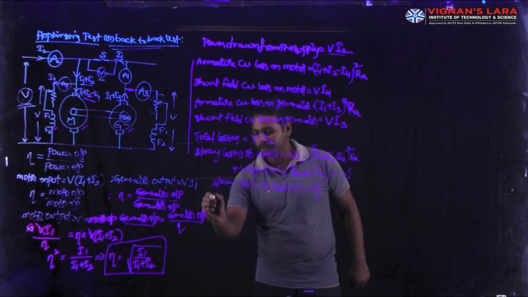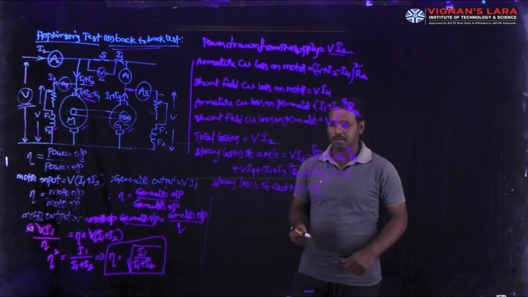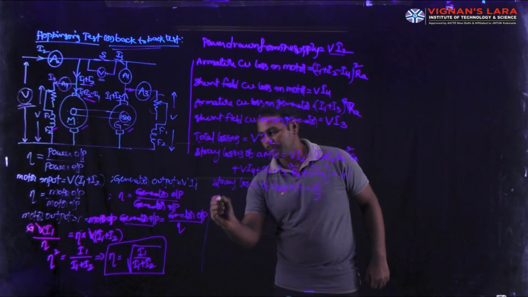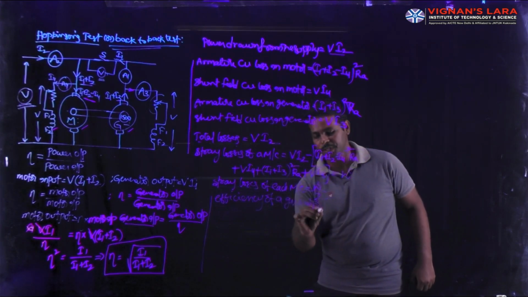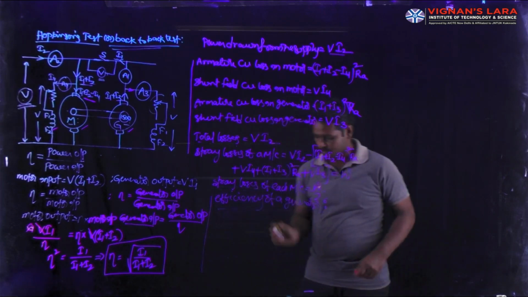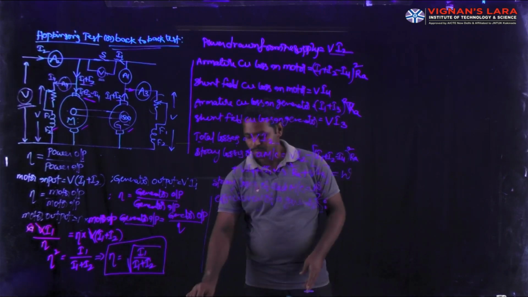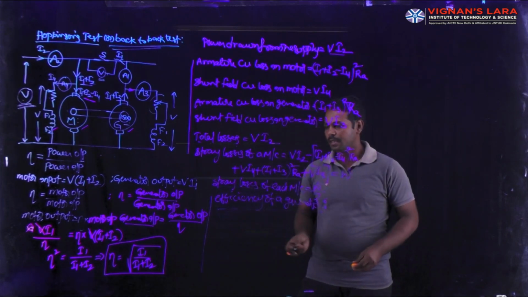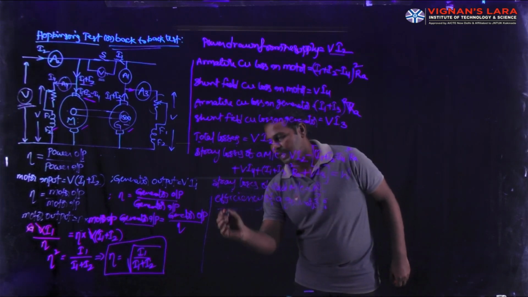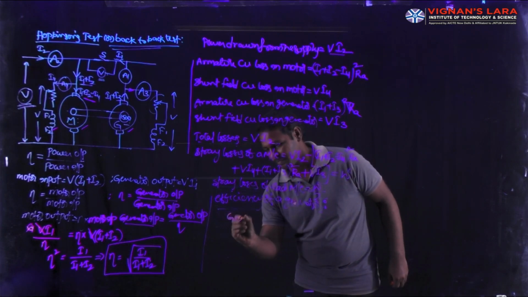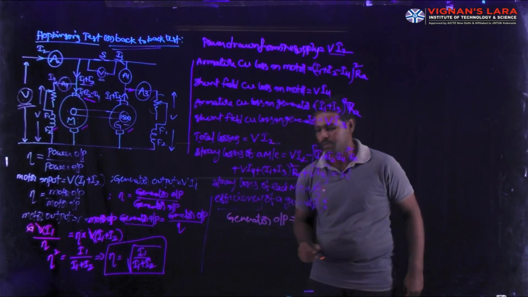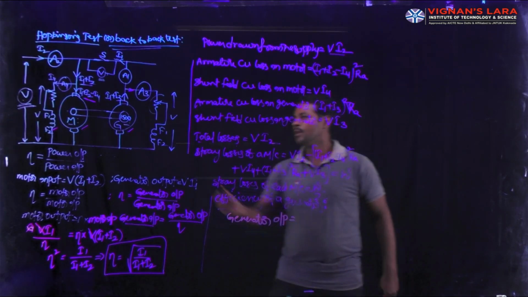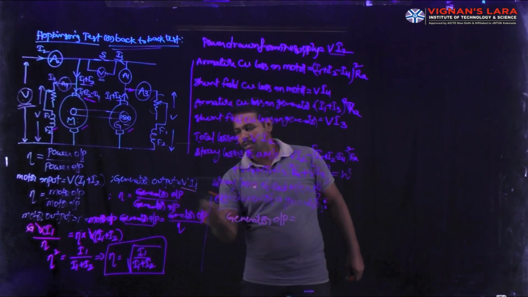Then we can find out the efficiency of each and every machine. First of all, we calculate the efficiency of a generator. First, the generator output is equal to V into I1.